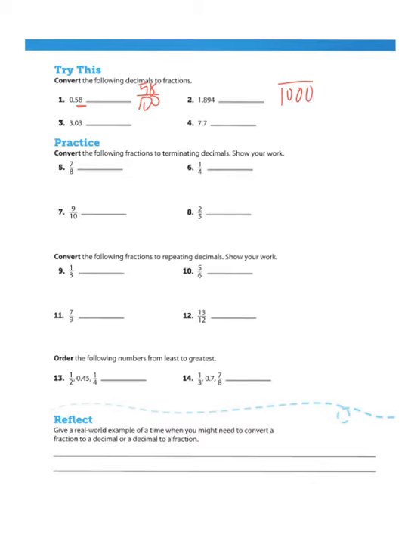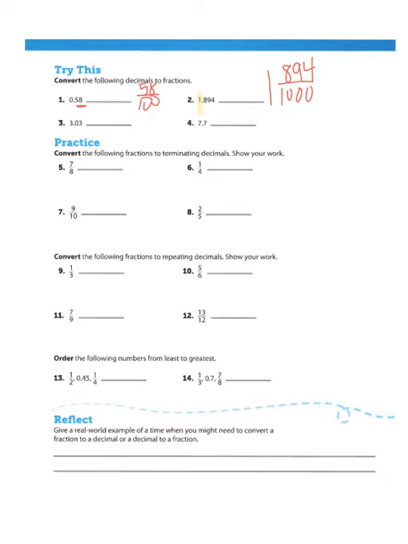Now this one, number 2, is 1.894. So I have a whole number. When I say whole number, that's the number I'm talking about. That's going to go on the outside right here. So 1 and 894 over 1,000 is what that fraction would look like.